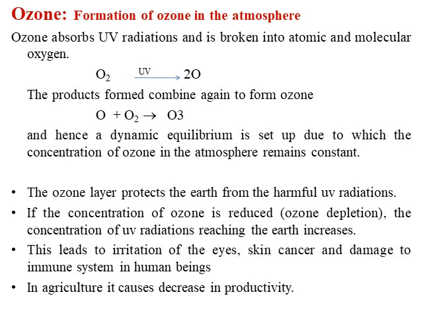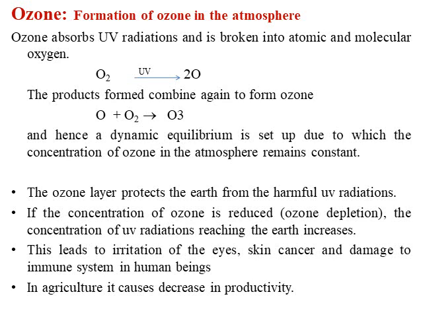A continuous equilibrium is maintained between the oxygen present in the atmosphere and the ozone formed in the atmosphere. So a dynamic equilibrium is set up, due to which the concentration of ozone in the atmosphere remains constant.